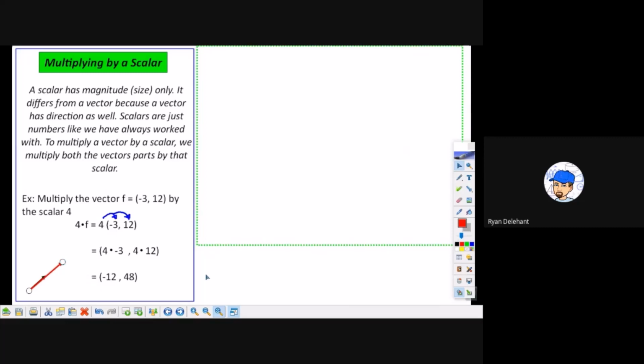I'm going to eyeball this. But by multiplying both components, it preserves the direction that we actually have. So it's like you're scaling it up or down that imaginary line of magnitude, increasing its magnitude while preserving its direction.